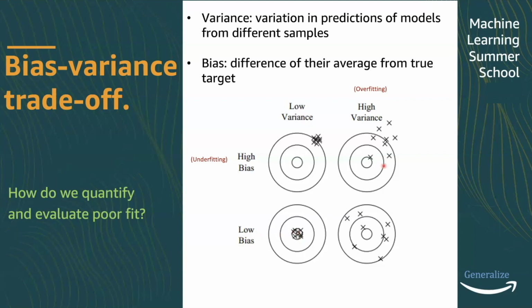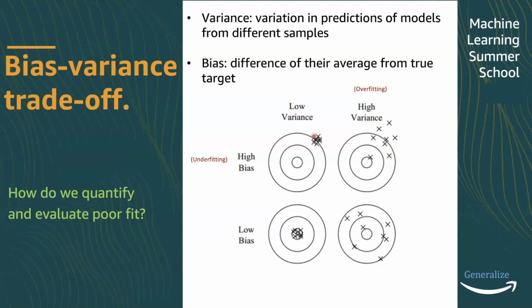Now, what is the worst that can happen? It's the right top. They are really spread out very far. Your estimates are very far from each other. That's high variance. And they're all far from truth. That's high bias. What are the other two scenarios?